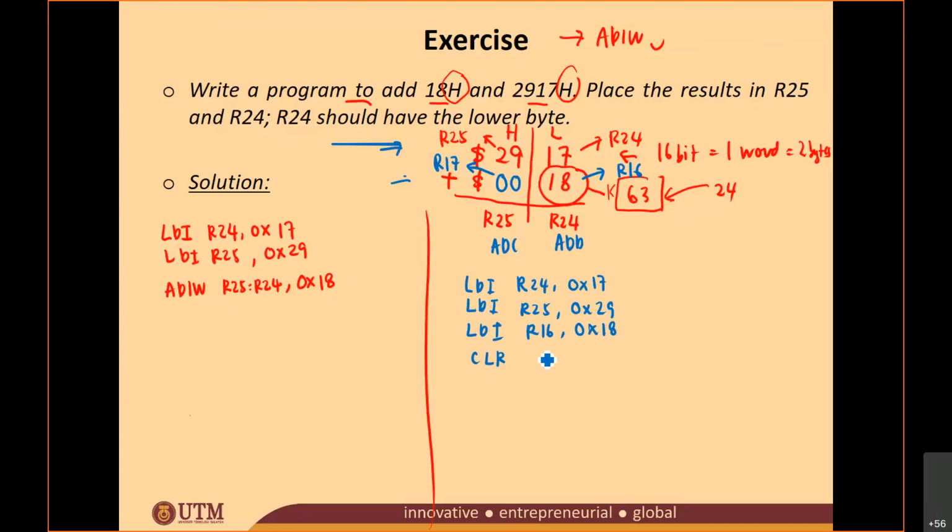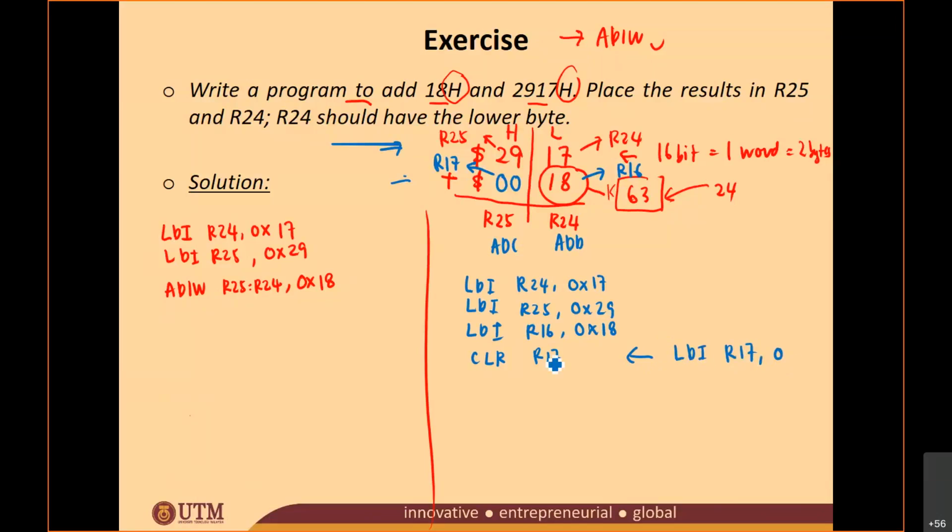And CLR R17. What does CLR do? Anyone? What does CLR do there? You put 0 to R17. If you got confused, you can replace this CLR R17 with LDI R17 with 0.